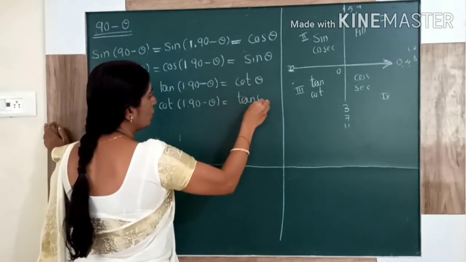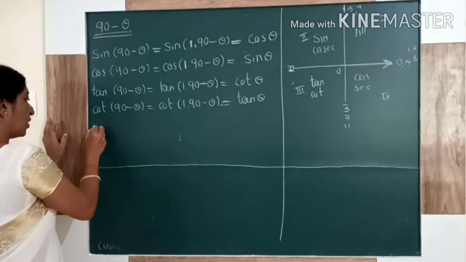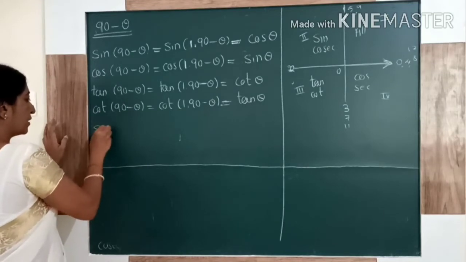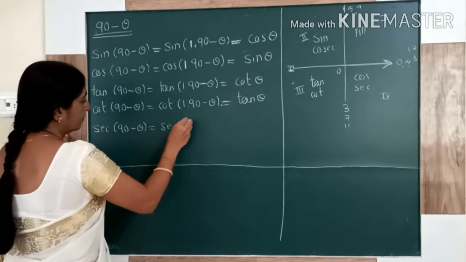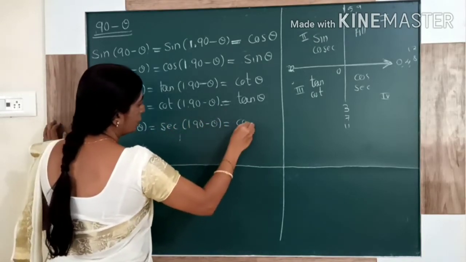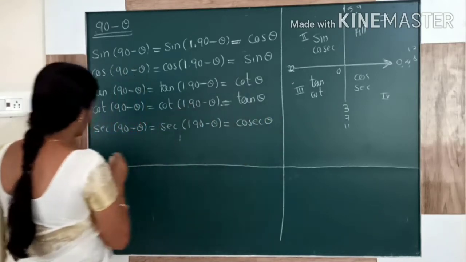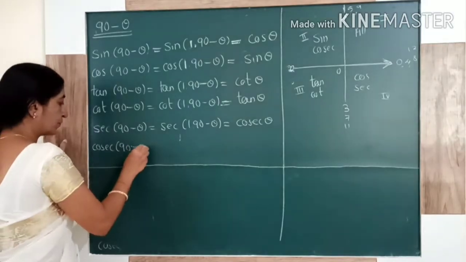Cot changes to tan in the first quadrant, because it is also in the first quadrant. All are positive. Then sec of 90 minus theta. Sec changes to cosec because of the odd number and it comes in the first quadrant. All are positive.